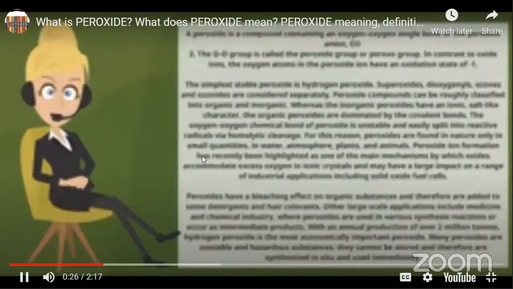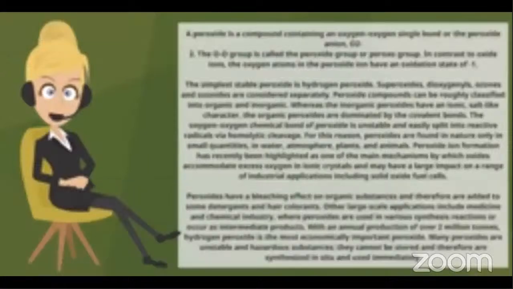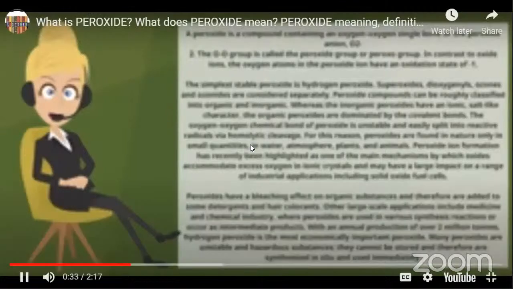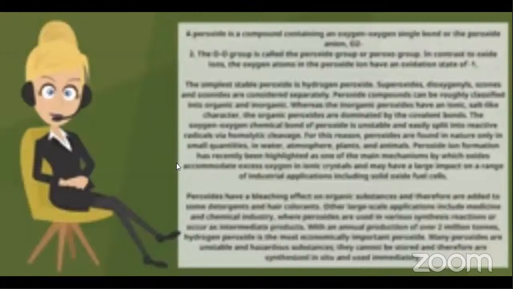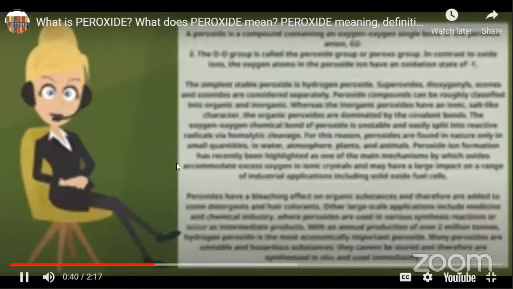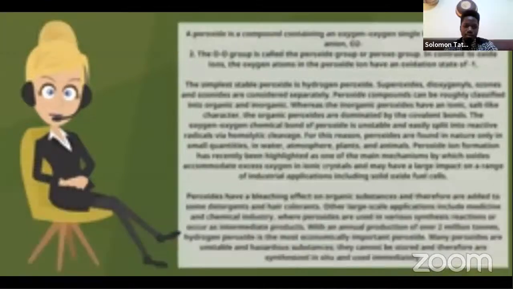A peroxide is a compound containing an oxygen-oxygen single bond, or the peroxide anion, O2 2-. The OO group is called the peroxide group or peroxo group. In contrast to oxide ions, the oxygen atoms in the peroxide ion have an oxidation state of -1. The simplest stable peroxide is hydrogen peroxide.